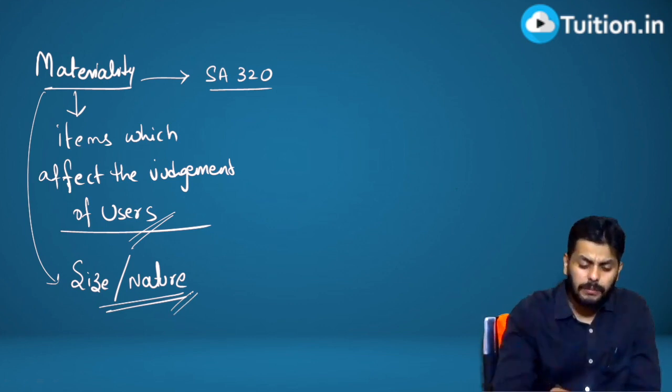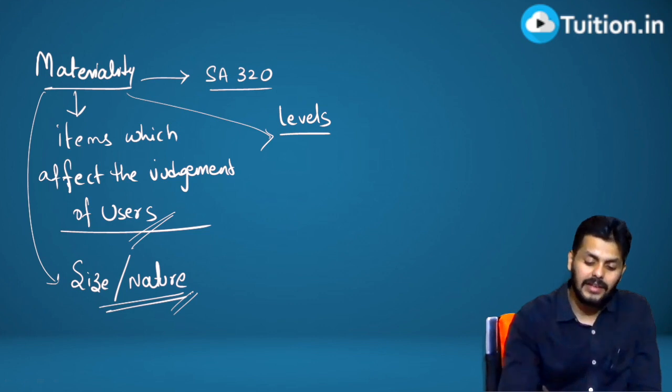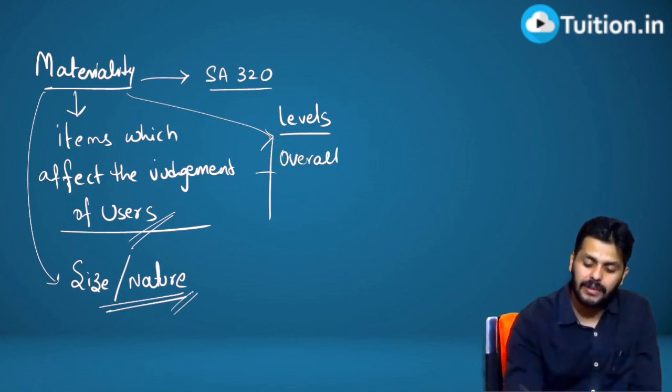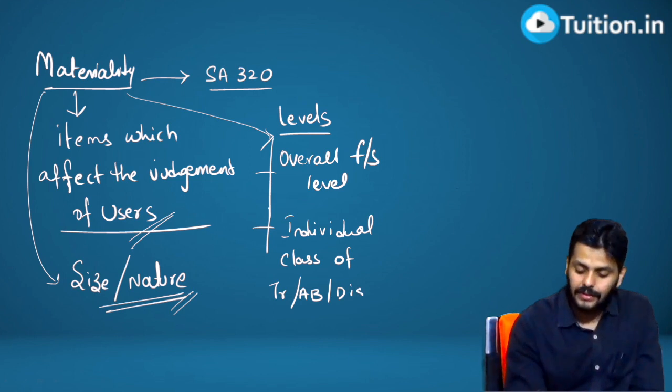Then one more important point about materiality is the levels at which materiality is discussed. Materiality is discussed at the overall financial statement level, and also for individual classes of transactions, account balances and disclosures.